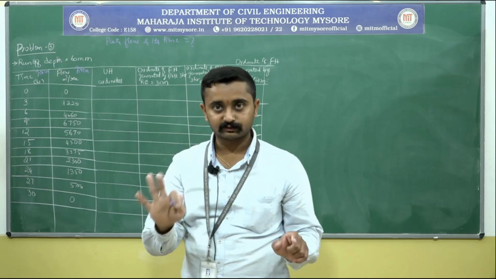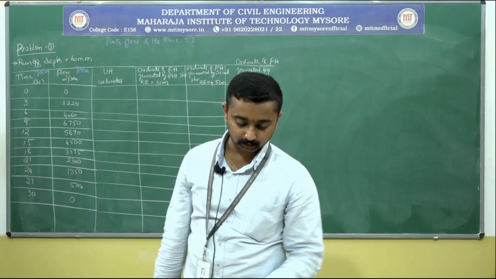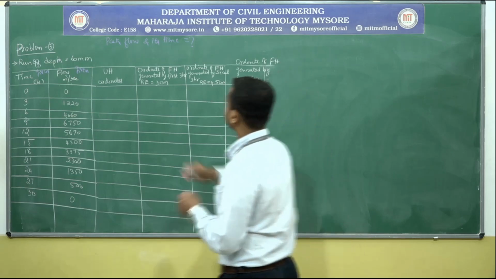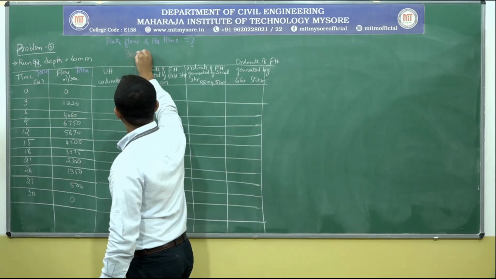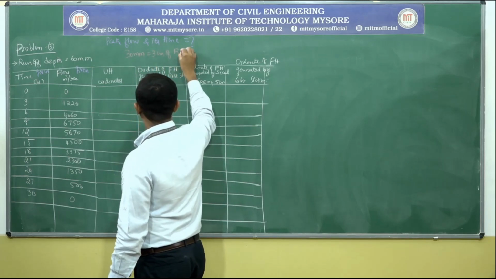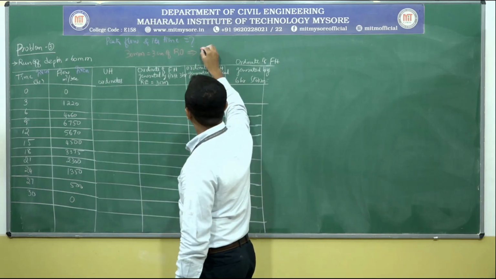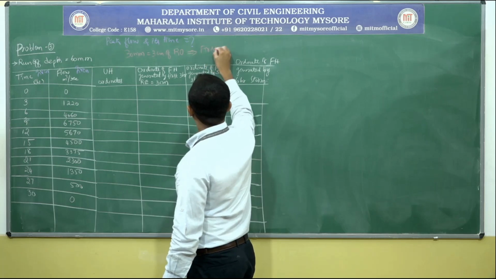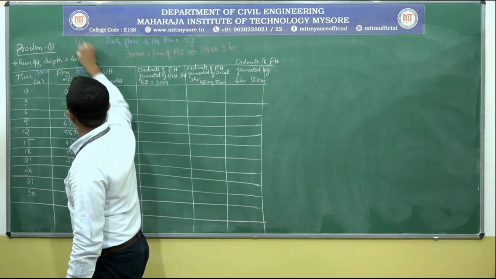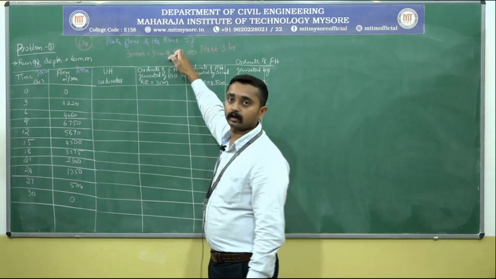Okay, the totally 6-hour storm is there, but they are clearly mentioning 30 mm of the runoff during first 3 hours. 30 mm, nothing but 3 centimeter of runoff during first 3 hours. In the problem totally 6-hour storm is there. For the first 3 hours this is the runoff depth.